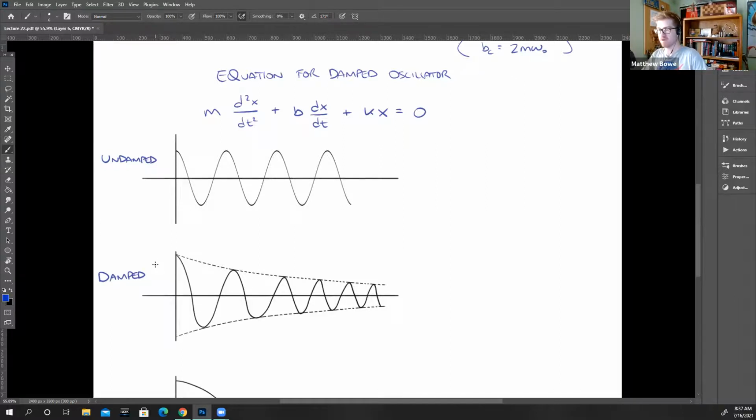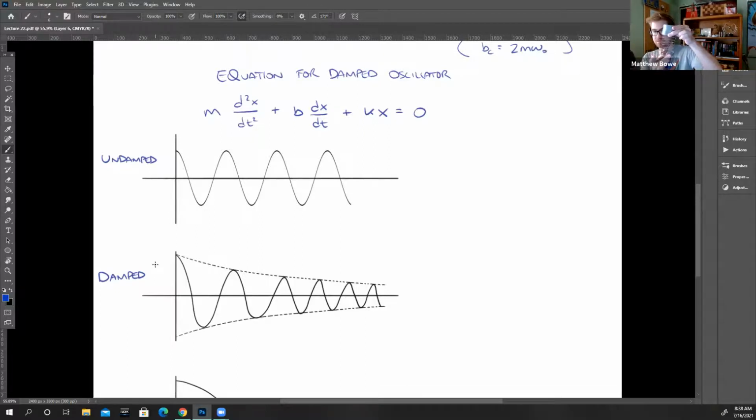And say instead this is a block of clay or rubber or something. I just don't have one in front of me right now. Say this is some material that if I displaced it by some amount, it wouldn't oscillate when I let go.